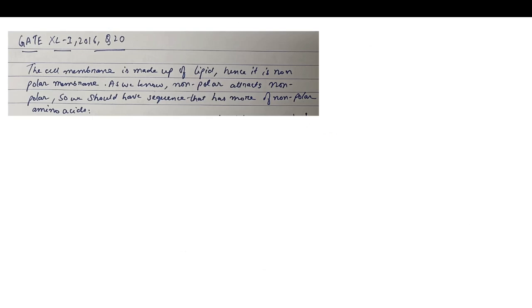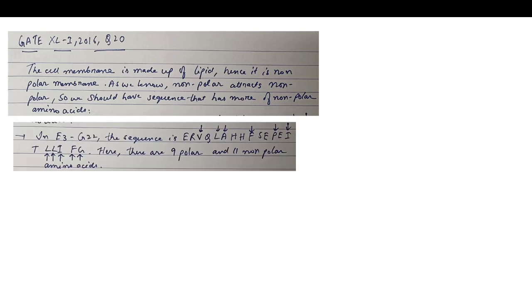The answer to the question: the cell membrane is made up of lipid, hence it is non-polar. As we know, non-polar attracts non-polar, so we should have a sequence that has more non-polar amino acids, as I explained just before this slide. If I take the first option and check how many polar and non-polar amino acids are present, let us count. The arrows that you see are the non-polar amino acids.